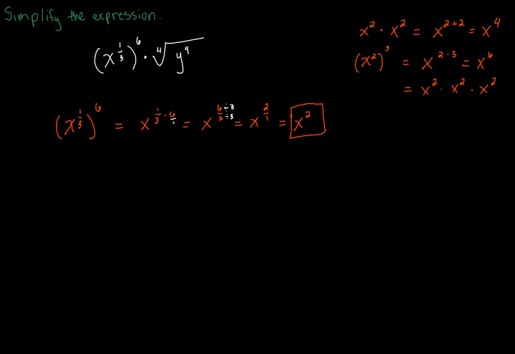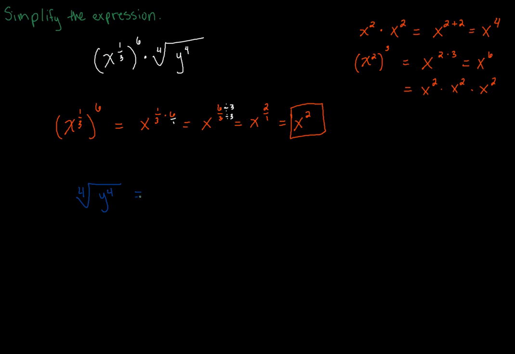Now what about that y to the 4th to the 4th root? If you remember from your roots, we're trying to figure out what fits into y to the 4th 4 times.